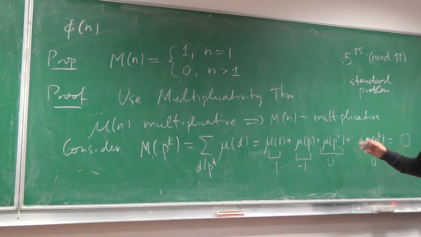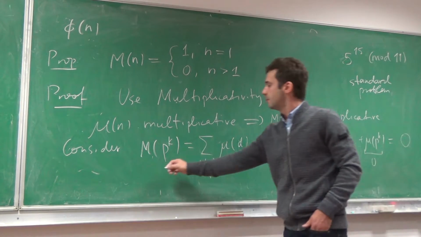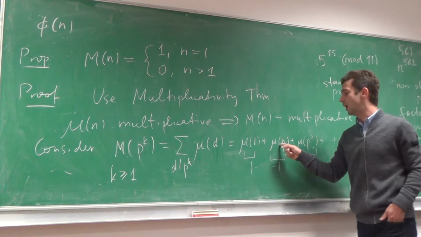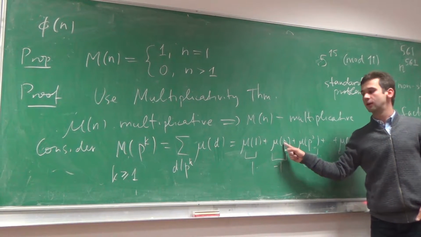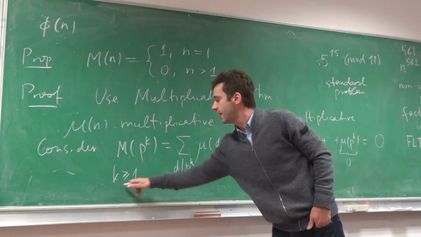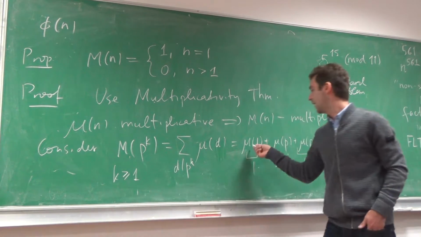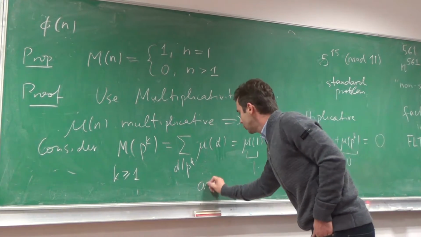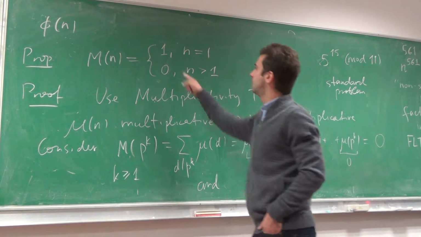There's a little subtlety here: I want k starting from 1, so that I have at least one prime here. If k is positive, I have this, and the rest is 0. Also, we always have to do this case separately.